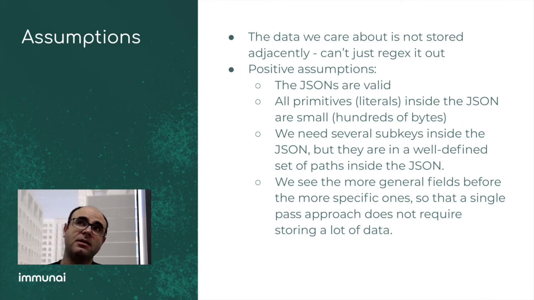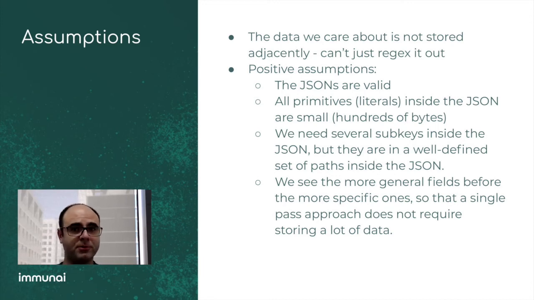We did need only a specific family of paths inside the JSON. And those paths were known in advance. So there wasn't this kind of a lookup where we must remember the keys. And probably the most relieving thing was that the general fields, the ones that needed to appear in each line of the flattened output, appeared before the specific ones.